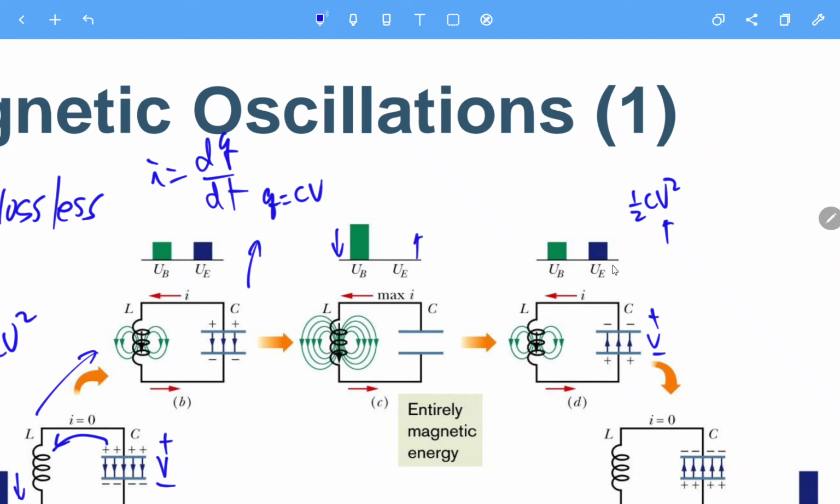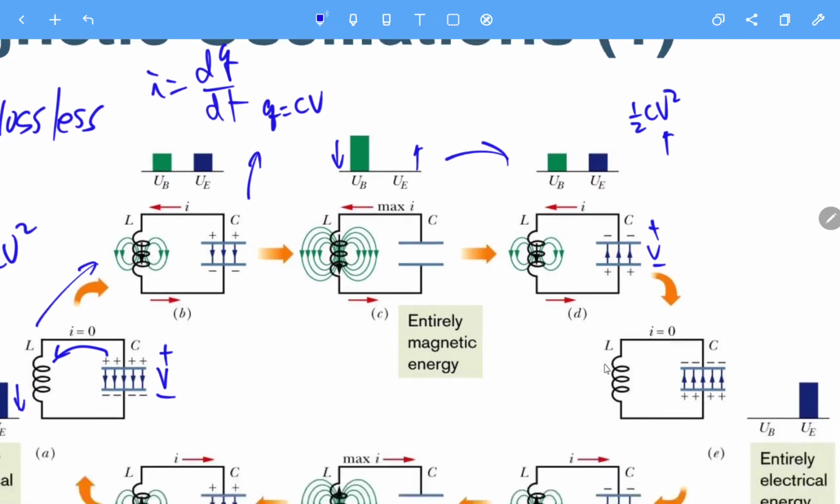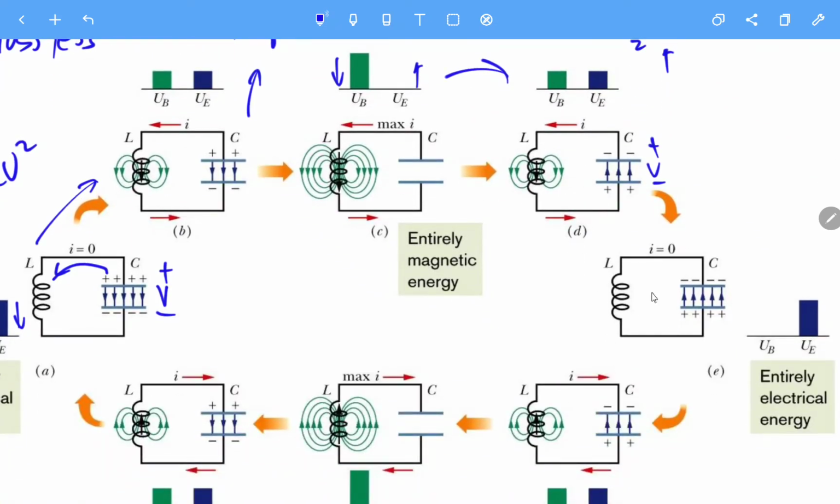In this procedure, for a single moment, we will get UE equals UB. Then it will further charge the capacitor, and all the charge goes to here. So UE becomes maximized again, and UB becomes 0.